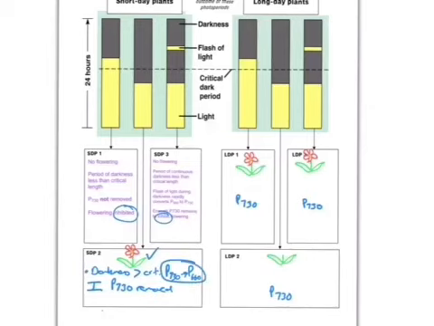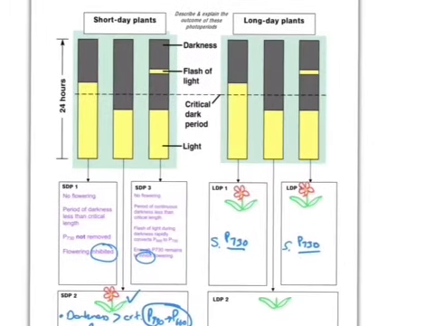In long day plants, now the key issue here is anywhere you go to say P730, try to get the idea that it stimulates flowering. So it's stimulatory. In the scenario here, number 1, what we have is we get flowering. Why? Well, the darkness is below, less than the critical.